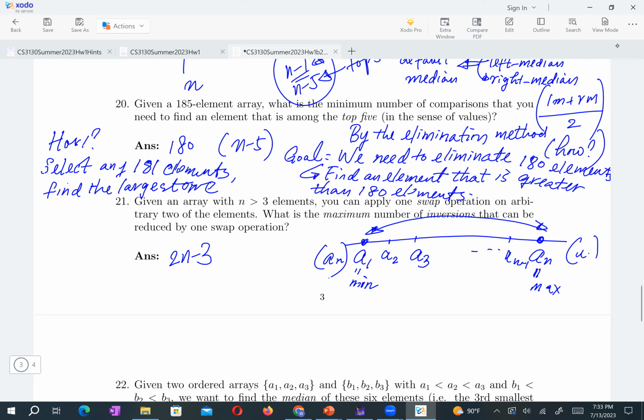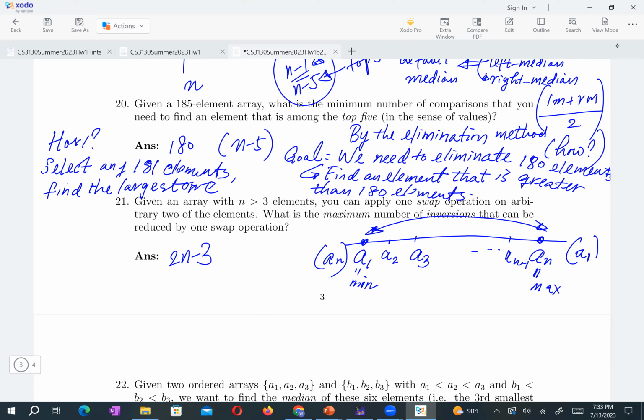Now, let's think in this way. Let's look at the contribution of the inversions from A1 and AN. Before we do the swap, AN does not provide any contribution to the inversions, right? The largest one at the end, no contribution.